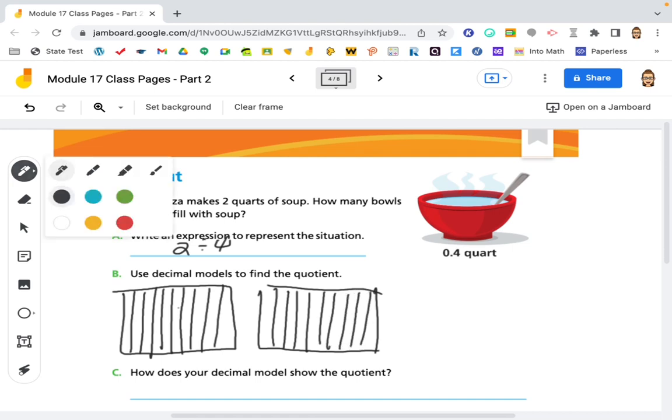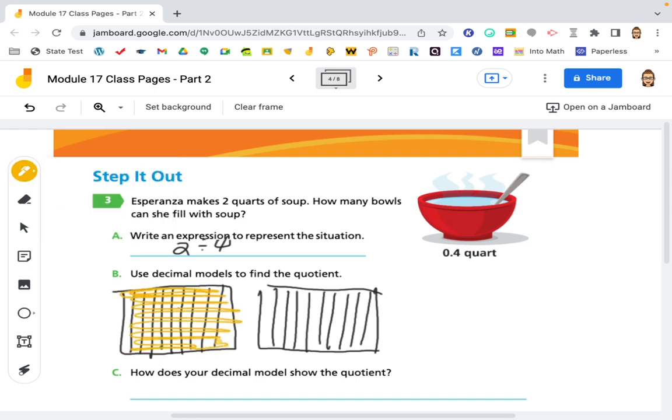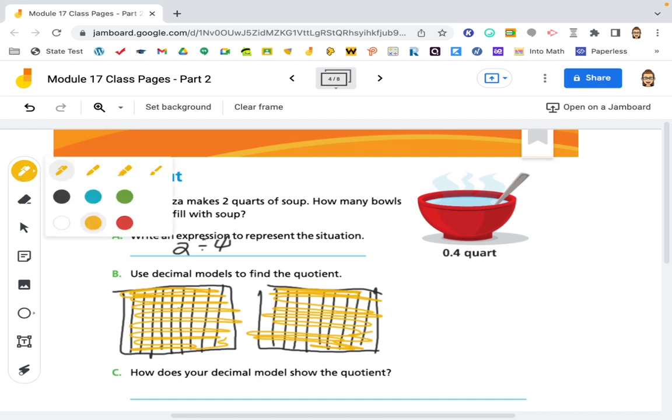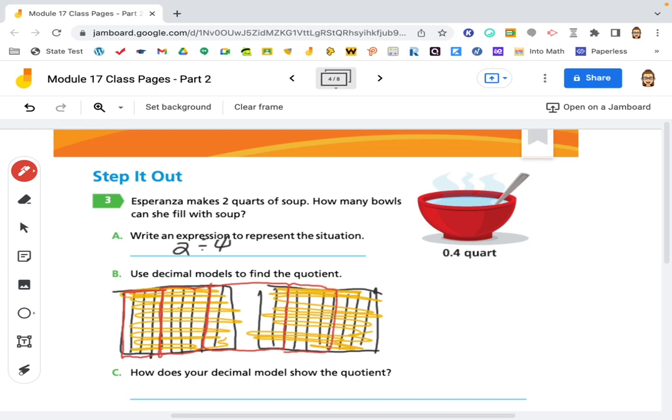And then we're going to shade in all of them for 2 wholes. And then we're going to split it into sections of 4. So we have 1, 2, 3, 4, 5 groups.